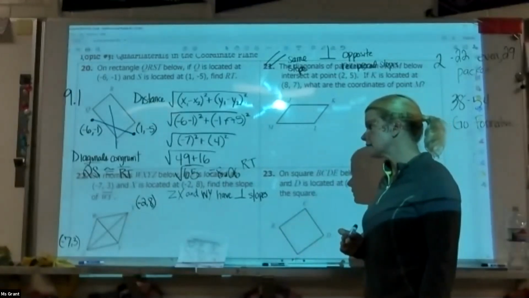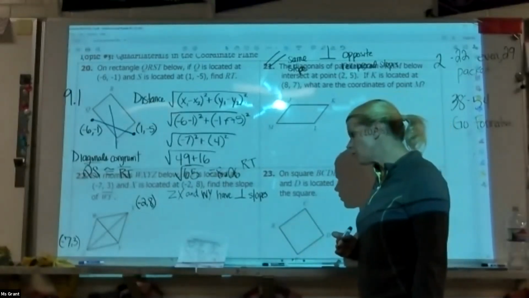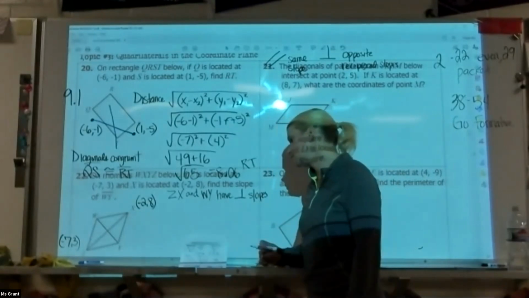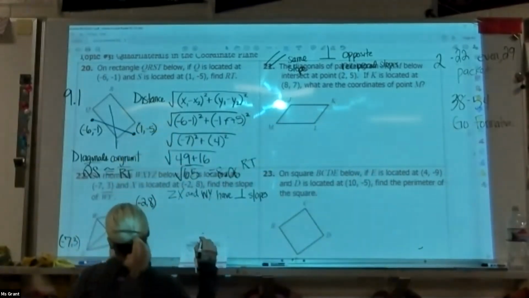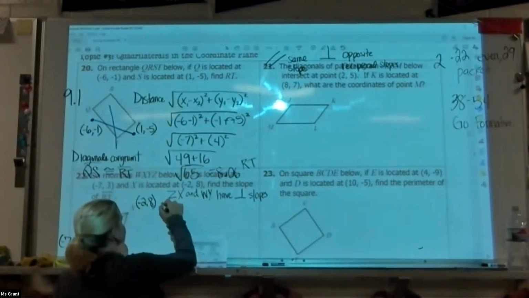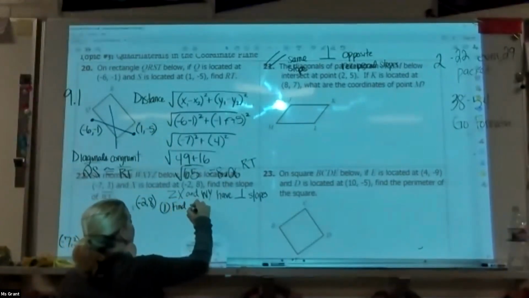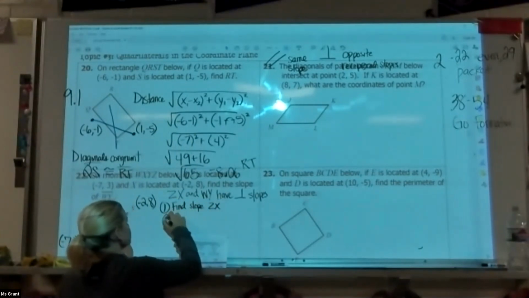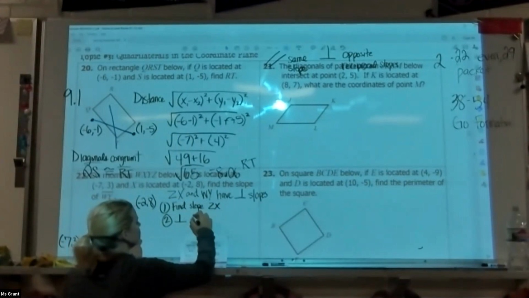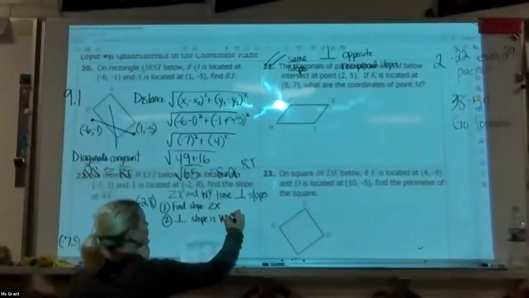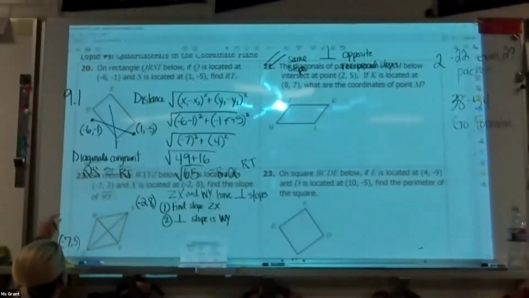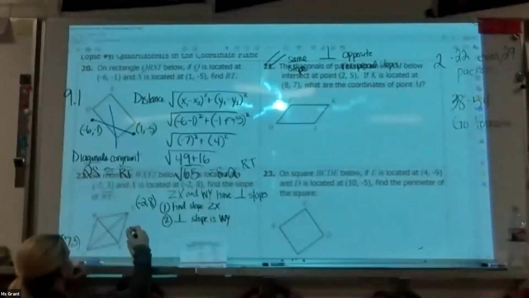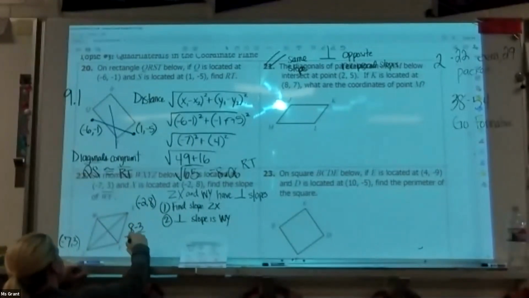Which means you find the slope of ZX, and then step 2, the perpendicular slope is WY. So it's basically like y minus y, 8 minus 3 over -2 minus -7.